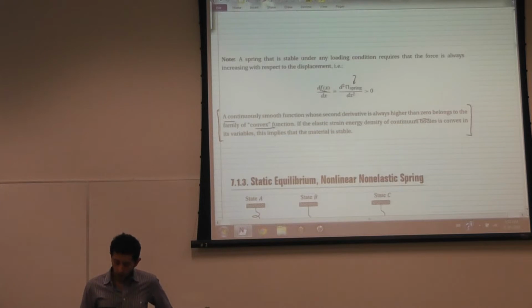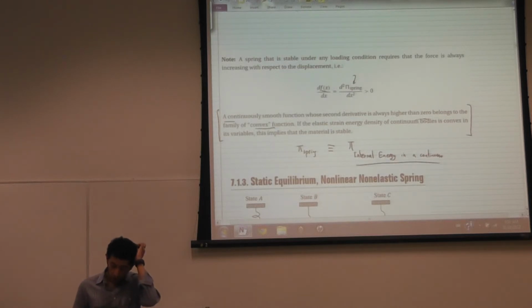And if pi spring is analogous to the internal energy in a continuum, then we would like whatever internal energy that we define to be convex in its values. And we will talk about what forms of the internal energy we can have.